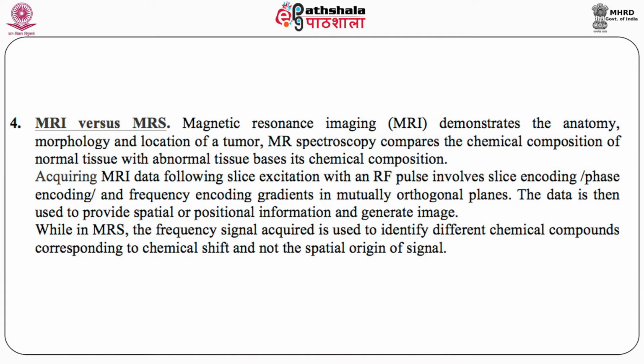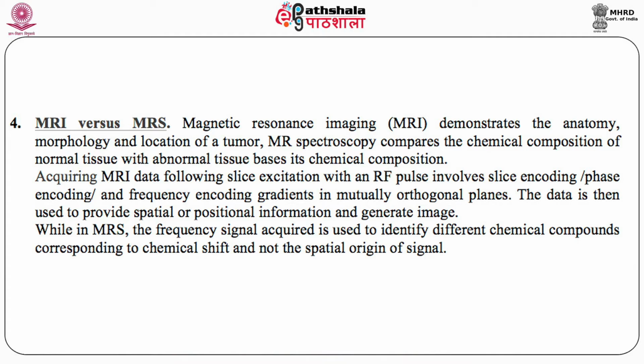MRI versus MRS. Magnetic resonance imaging, or MRI, demonstrates the anatomy, morphology and location of a tumor, whereas MR spectroscopy compares the chemical composition of normal tissues with abnormal tissue on the basis of its chemical composition. Acquiring MRI data following slice selection with an RF pulse involves slice encoding, phase encoding and frequency encoding gradients in mutually orthogonal planes.